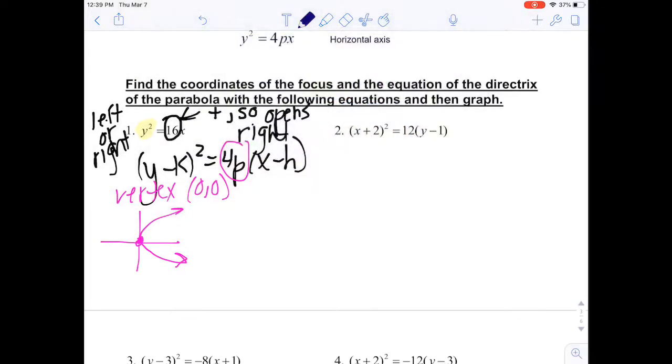So I'm going to set 4p equal to 16, and that tells me, solve for p, that p equals 4. Okay, so that is going to be your distance that the vertex is from the focus and directrix.